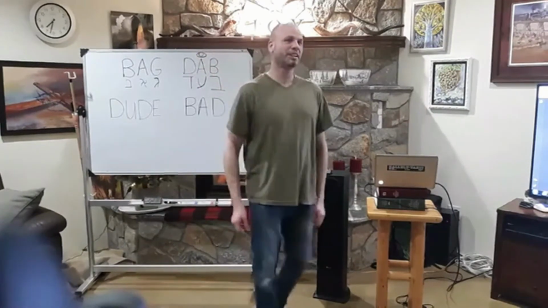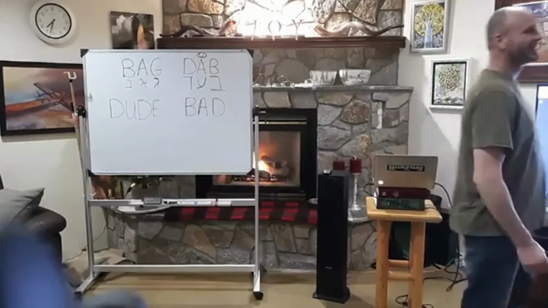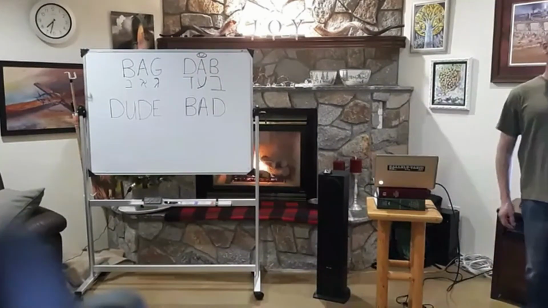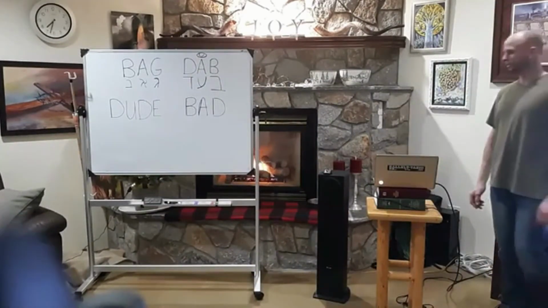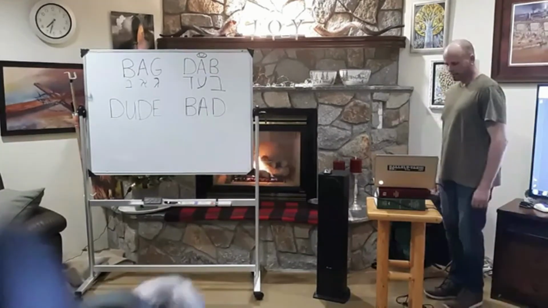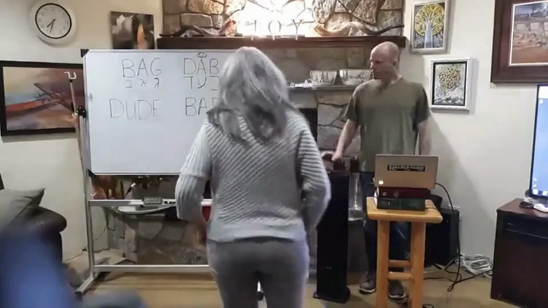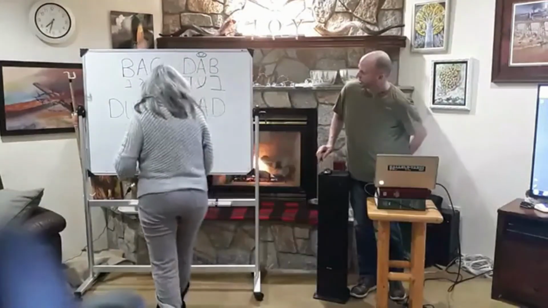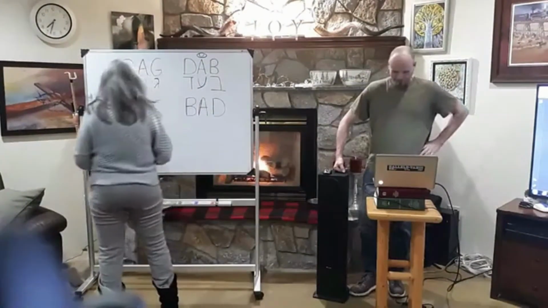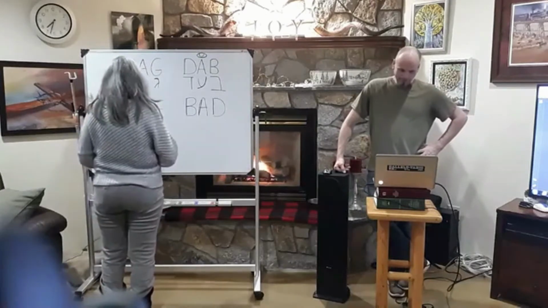So that one throws you off because we have no E, a silent E, but we can phonetically spell it with three Hebrew letters, pretty easy. Which one do you want? Oh, yeah, because there's another letter that can sound like ooh. Donuts.